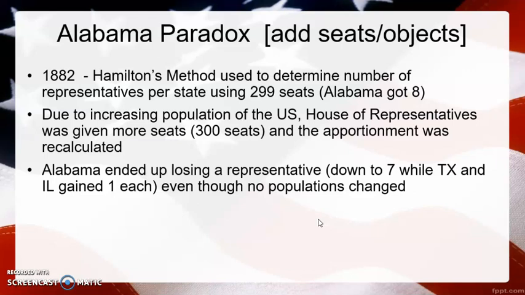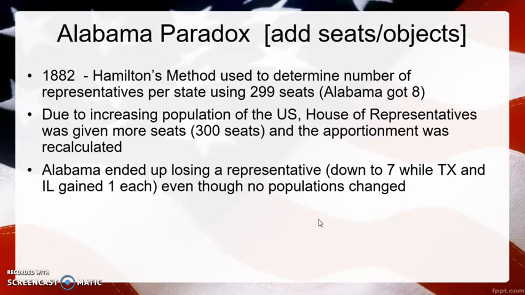You would think that if the seats increased, then the only thing that would change is that one state would get an additional seat. But in this case, it caused one state to lose a seat, and 2 states gained a seat. You can imagine, if you were from Alabama, you would think that was pretty unfair.